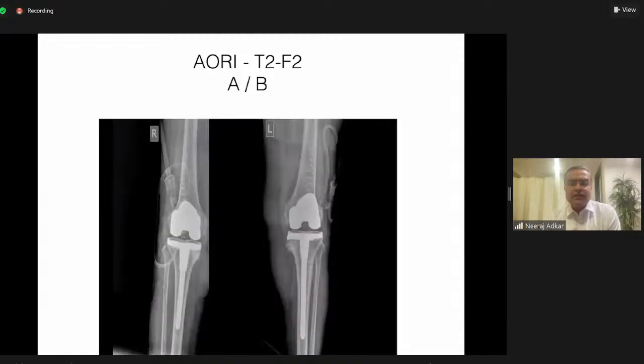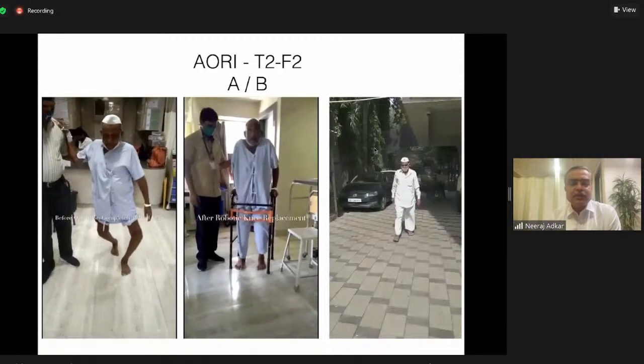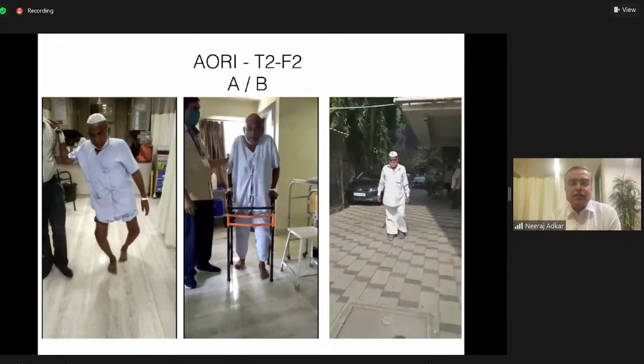On the right side, I could get away with undersizing the tibia and impaction grafting. On the left side, I had to fix it with 2 screws, and an extension stem was used in both cases. So this patient, pre-op, immediate next day, and around 4 weeks post-surgery.